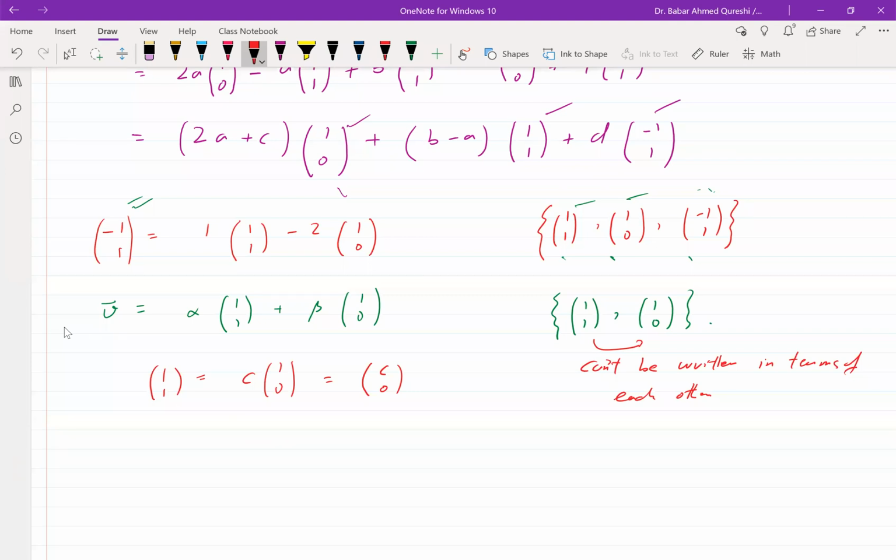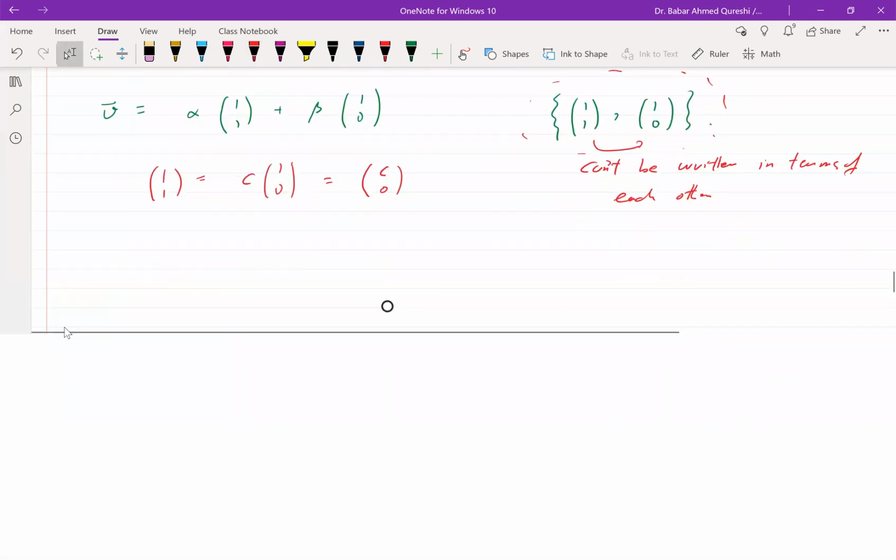So that means, if this is a spanning set, I should not be able to delete anything from here. And this you can easily check.